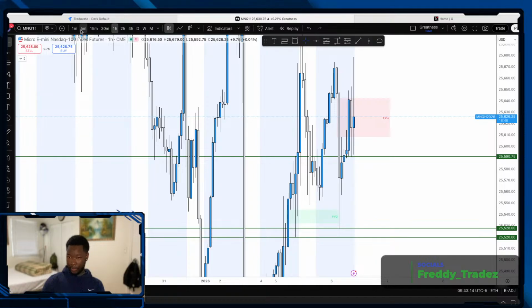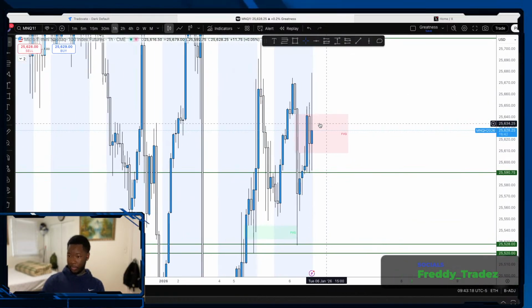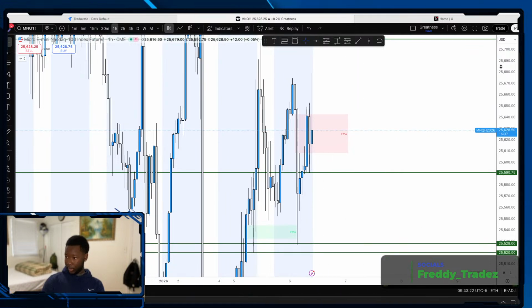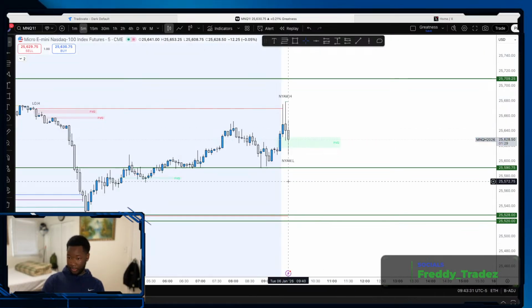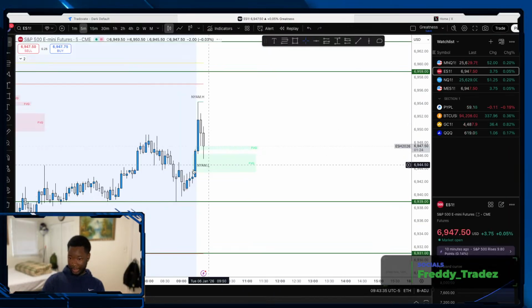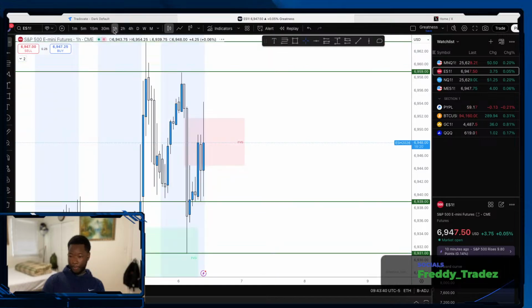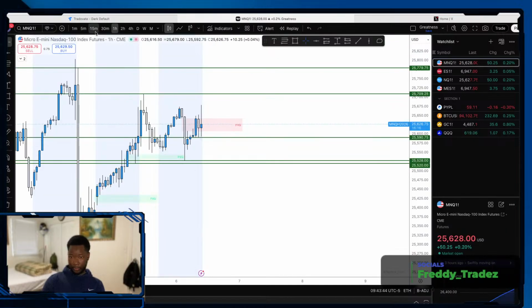Like I said, if we hold up and respect this 5-minute gap, and the next 15-minute candle can close, and the 1 hour can close above this and inverse this bearish gap, then longs are in play for me. Bias is bullish, but this would confirm that we want to go higher. Although I wouldn't mind us coming down, taking out this hourly on NQ while it's holding up on ES, and then I could also look for a long there. No rush though. It's 9:43. See what we get.